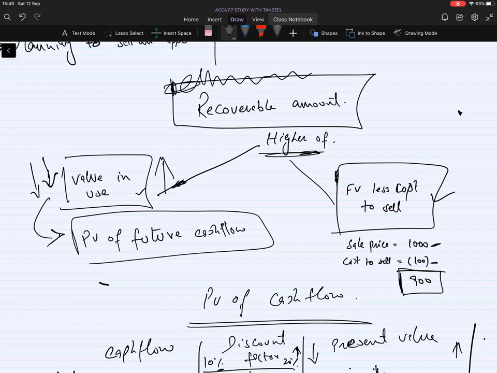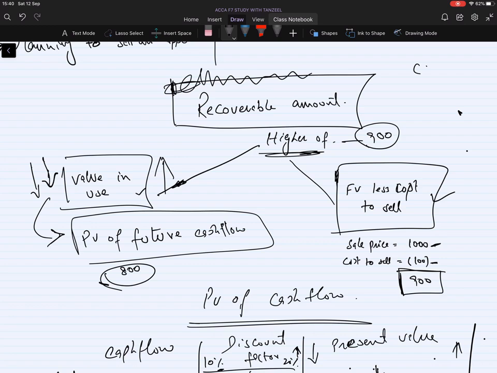Or suppose I have a cash flow of 800. If I use my asset for future 5 years, I will get 800. But if I sell it now, I will get 900. So the maximum, the higher of these two, is 900.